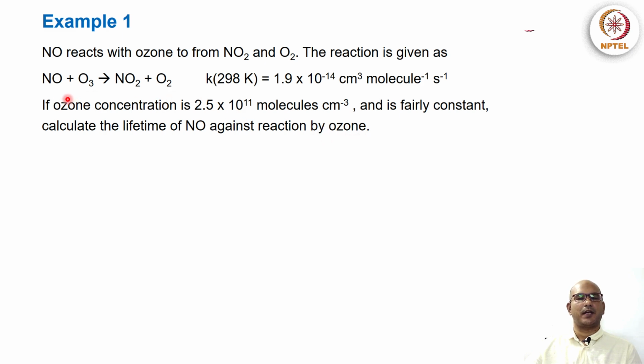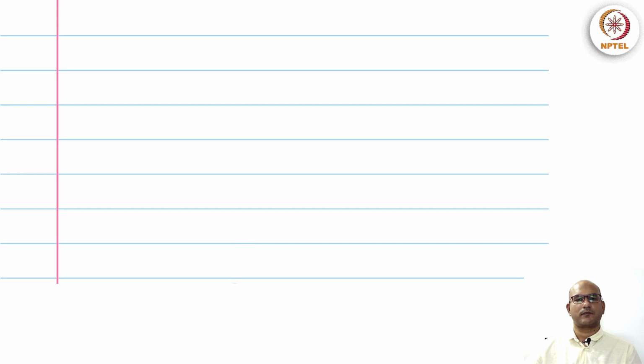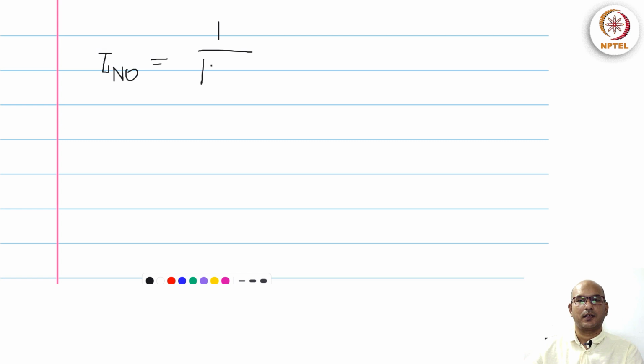So this is a bimolecular reaction, and if we can recall, tau NO is equal to 1 by K times the concentration of ozone. So this is fairly straightforward.